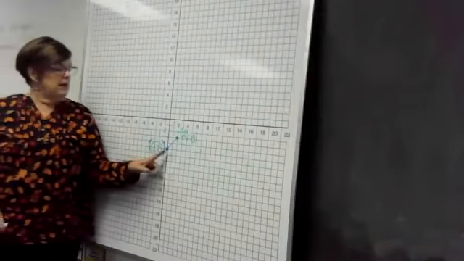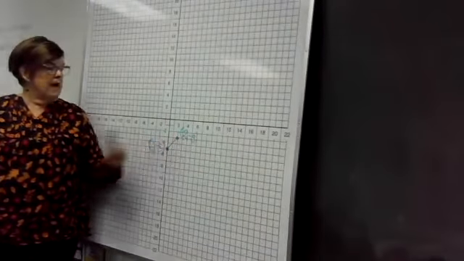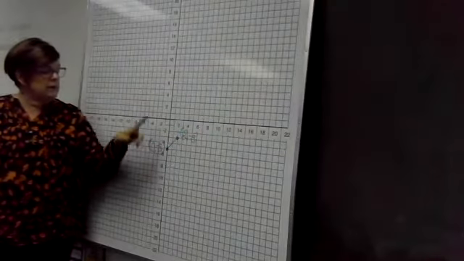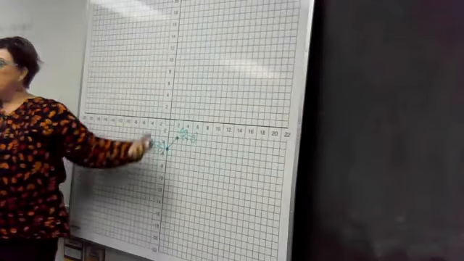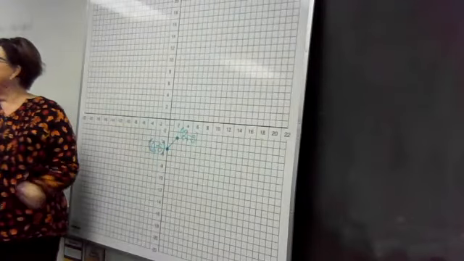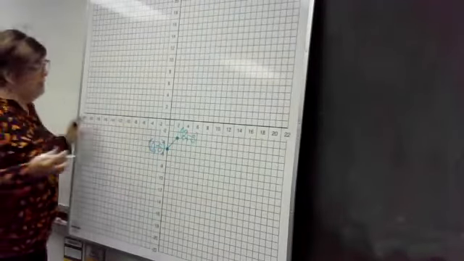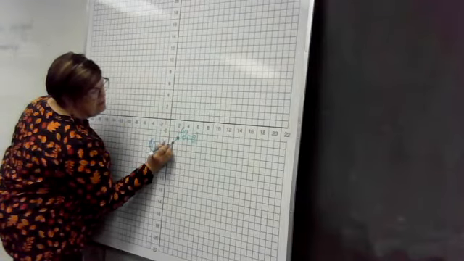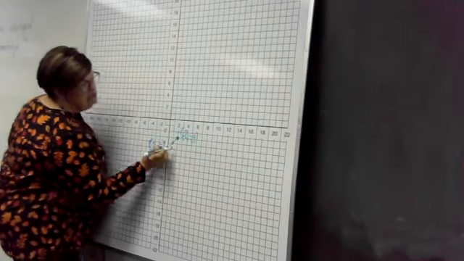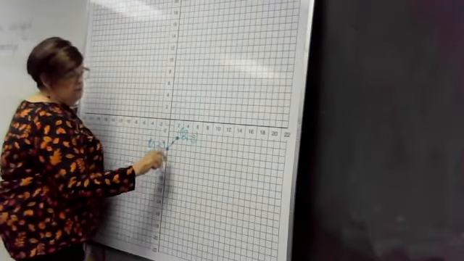Now that we have found out how far this is, maybe the people that live here and the people that live here want to meet halfway. So where's halfway? In the middle, that's exactly right. But it kind of looks like it's about right here. Sometimes it may look like it's on the intersection.